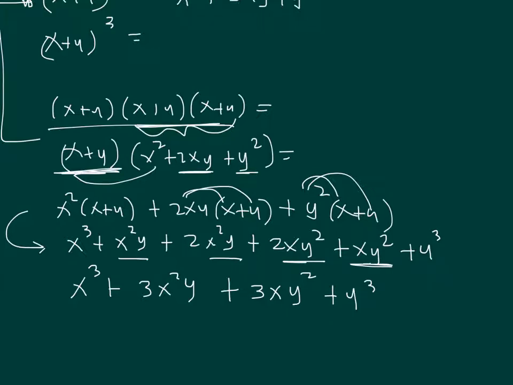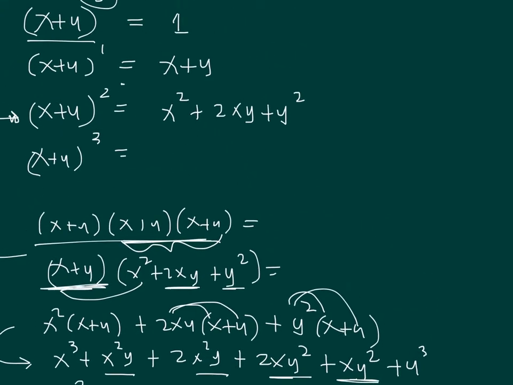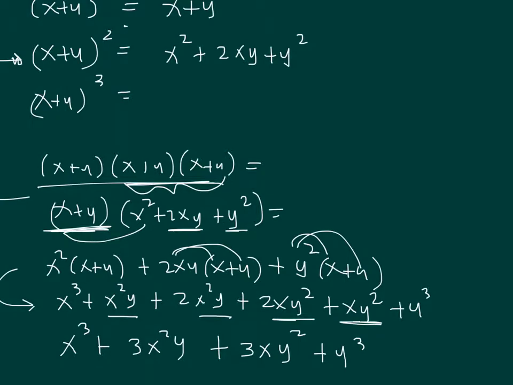So the expansion of x plus y cubed is equal to x cubed plus 3x squared y plus 3xy squared, and then plus y cubed.